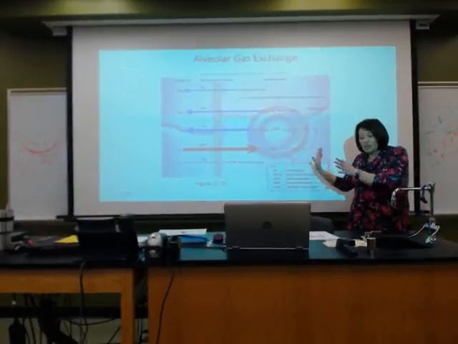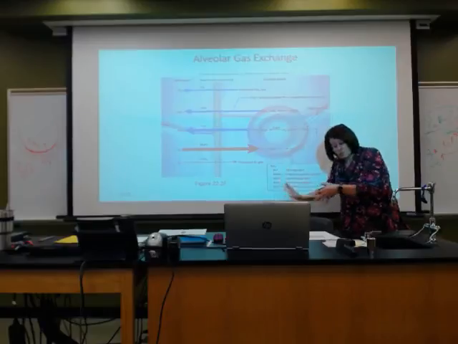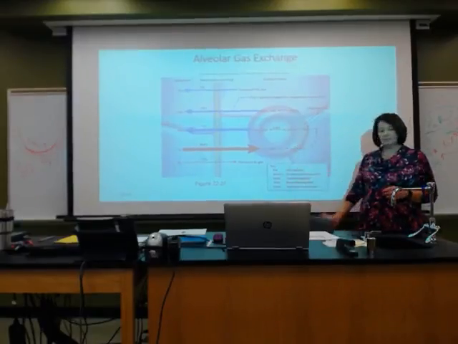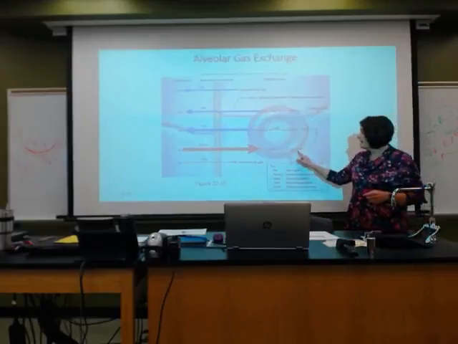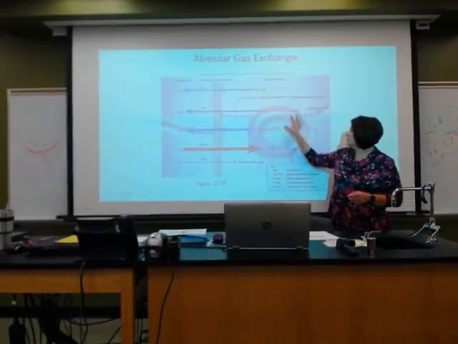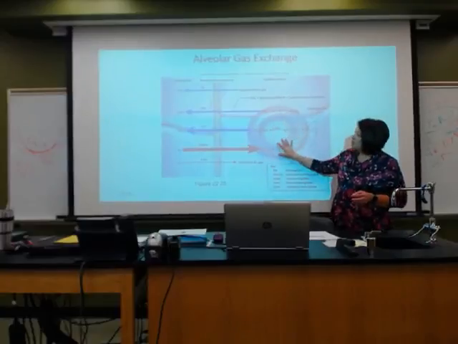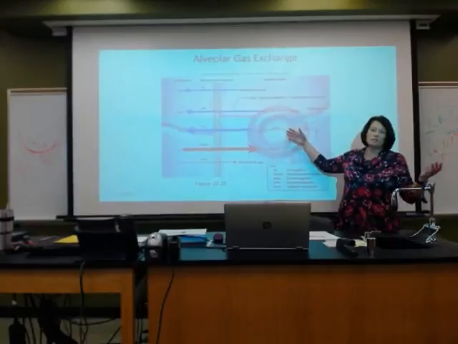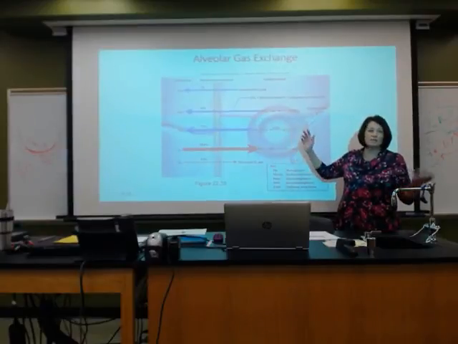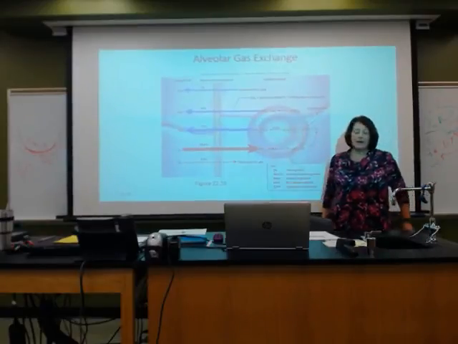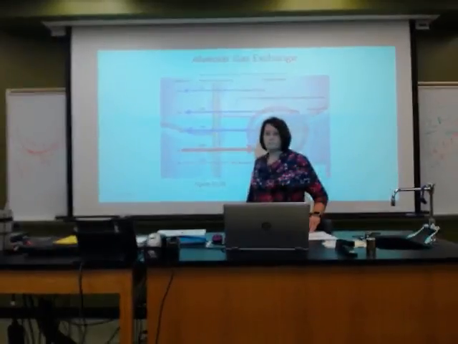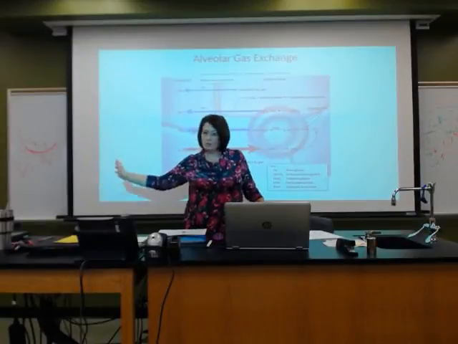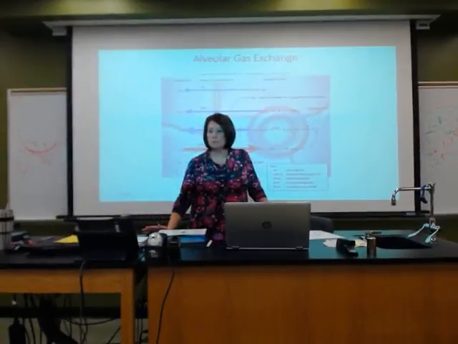And under normal situations, okay, this process is taking place. Oxygen, if this red blood cell and the hemoglobin's in there, depending upon their saturation, 25%, 50%, 0%, whatever the case might be, they may or may not pick up oxygen. But no matter what, we're going to be dropping off CO2.